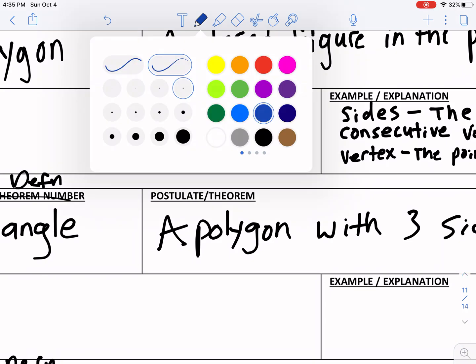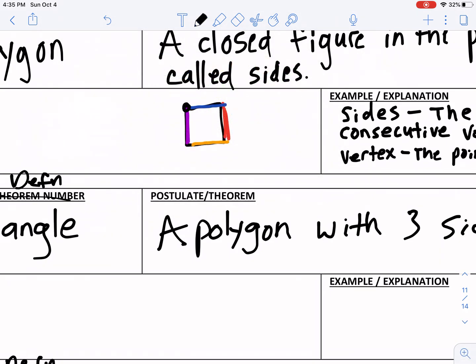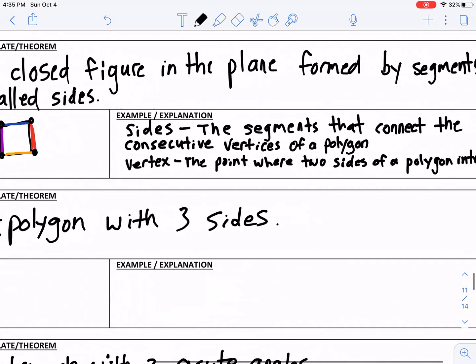Then the corners, we can think of it as points, okay? The corners here, each one of those would be a vertex, so these would be the vertices of the polygon. We can think of it kind of like the corners where the two segments meet, okay? So those guys would each represent a vertex, and that's what this says over here, okay?